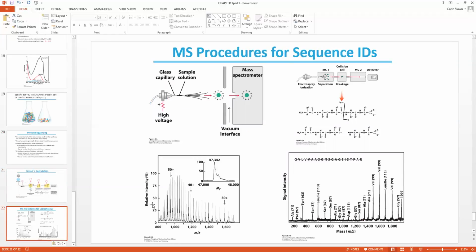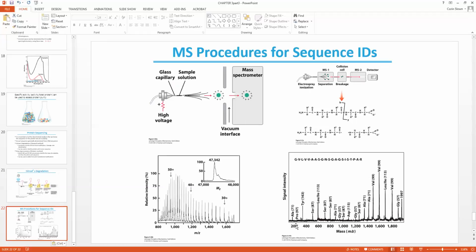If we want to think about what the mass spectrometry procedures for the sequence IDs are, here I have a sample that I inject, and what I'm going to see is that in my mass spectrometer, my masses are going to separate based on size, and then I'm going to see detection. And what I'll observe is this fragmentation pattern.